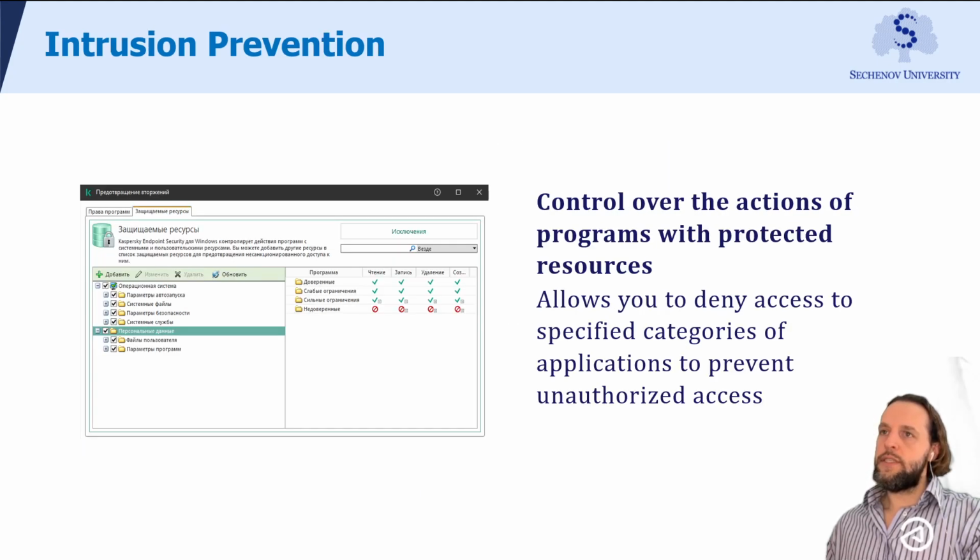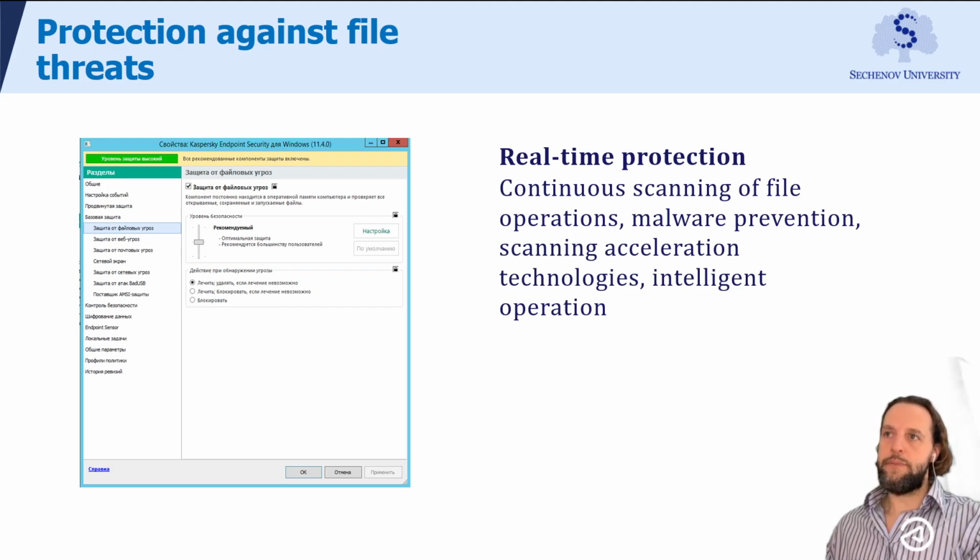Some of the resources in the system could be marked as protected, and this software product will keep a higher level of attention if some third-party script or software is trying to access this data, and you can also restrict access for all the software products in the system to the selected part of information.